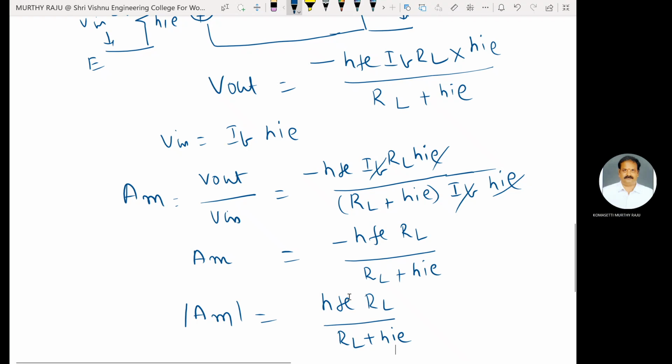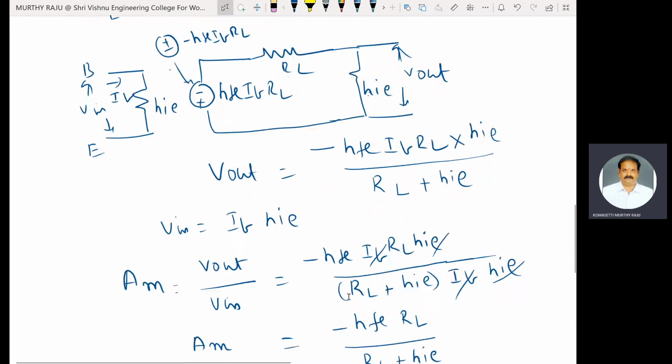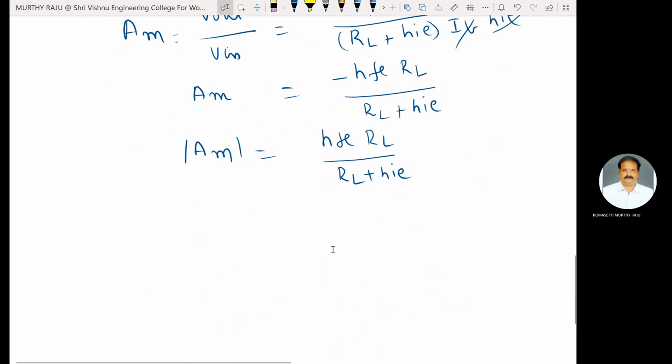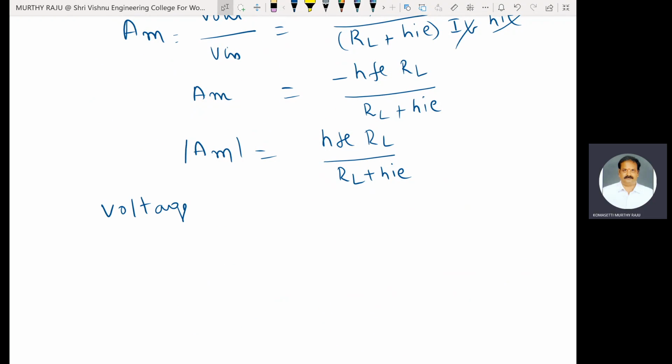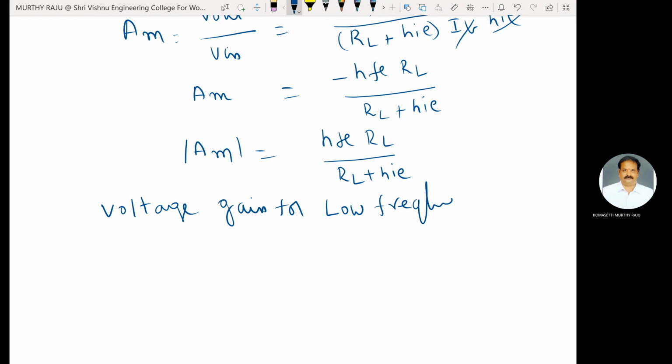Next, voltage gain for low frequency range.